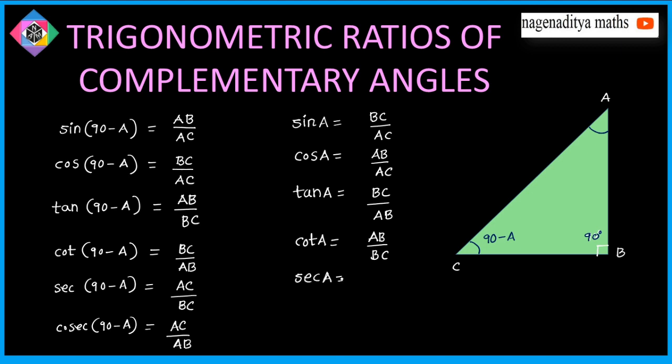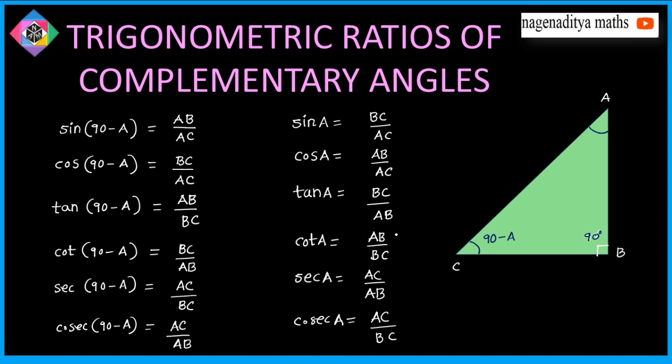Secant of A is equal to hypotenuse by adjacent side. Hypotenuse is AC and the adjacent side to angle A is AB. And what about cosecant A? Cosecant of A is equal to hypotenuse by opposite side to angle A, so that is AC by BC.